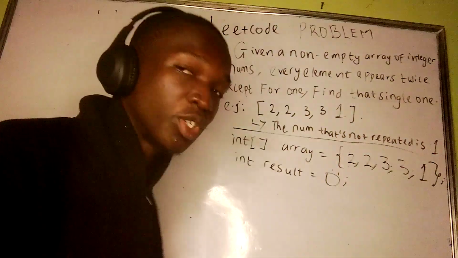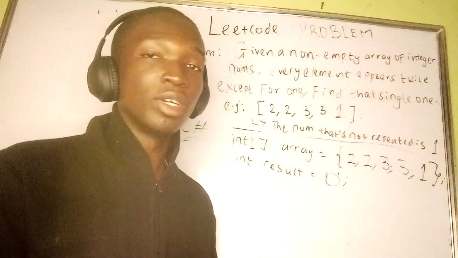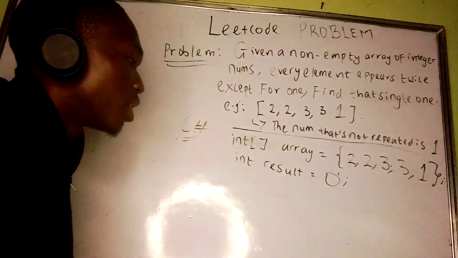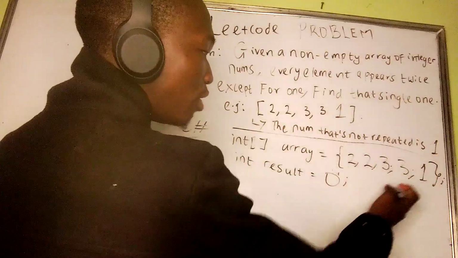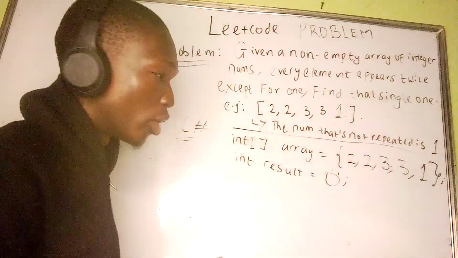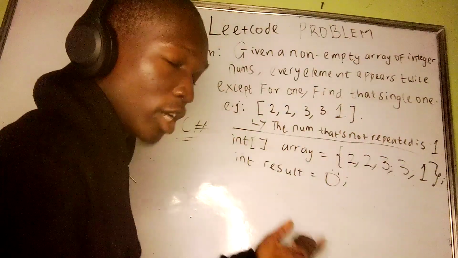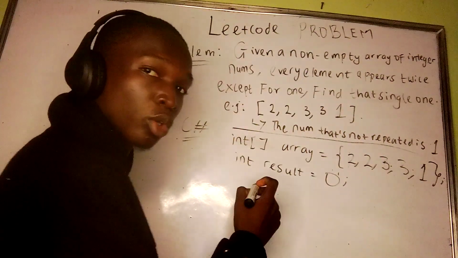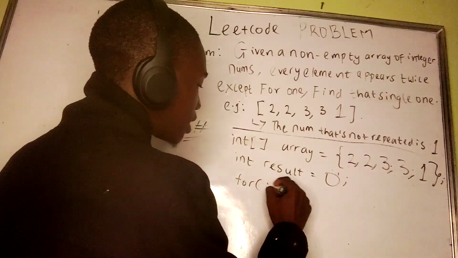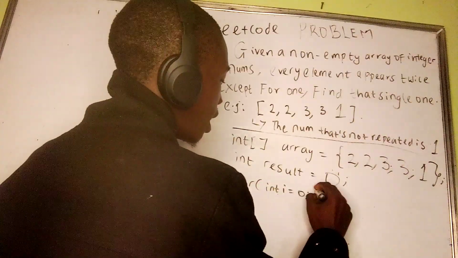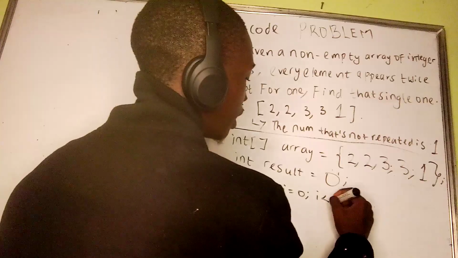It's always good to initialize your variables at every point in time so as to avoid problems along the line. Definitely, we are searching through the array, so a for loop or a foreach loop should come to your head. But we are going to be using a for loop. So the for loop takes this structure: for int i equals 0, i is less than array.length.